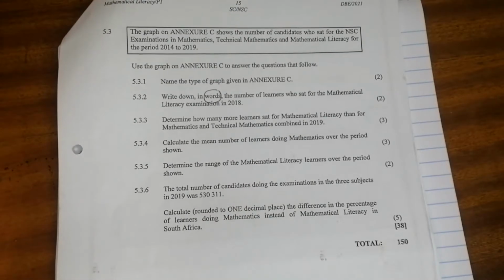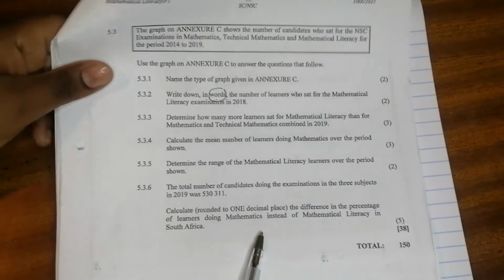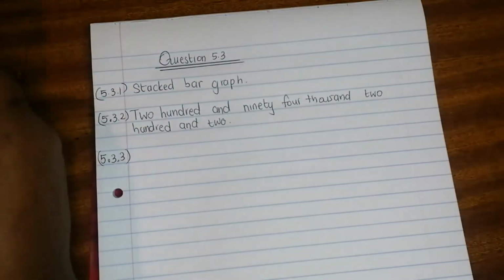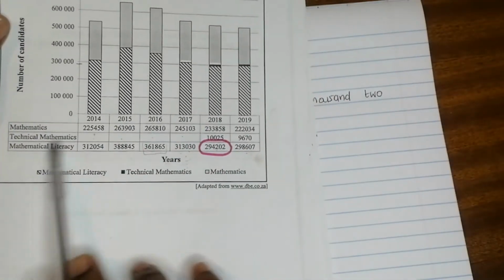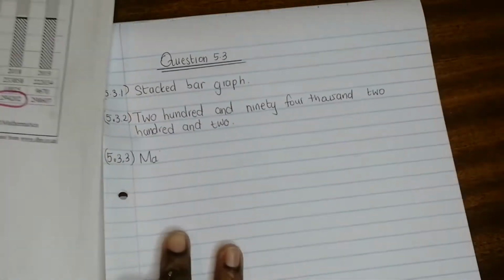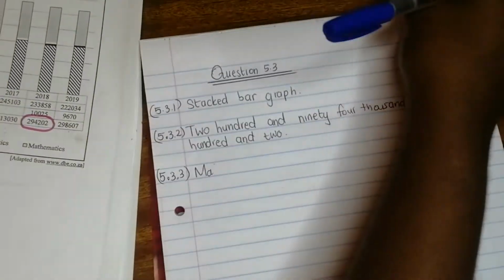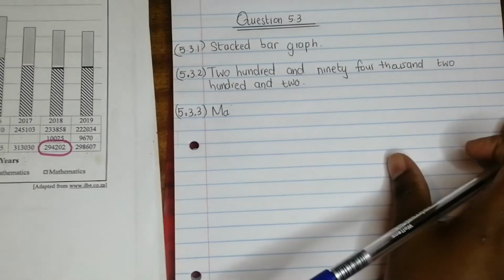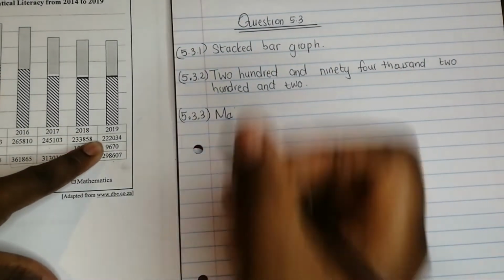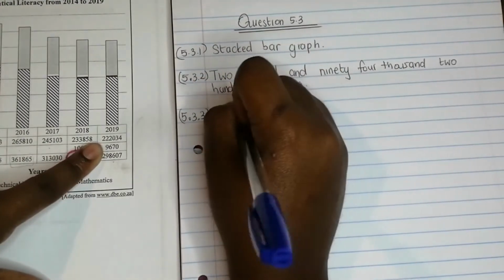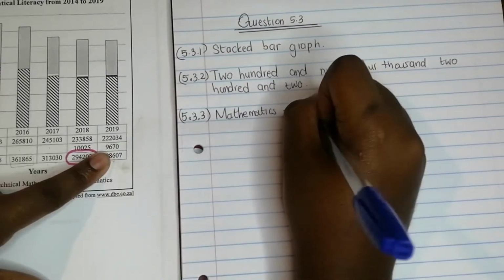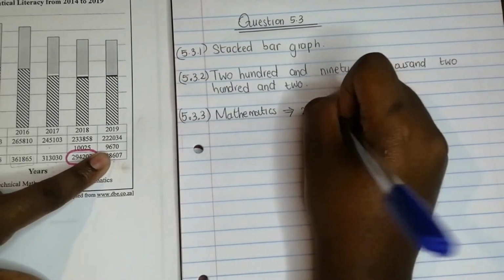So I'm just going to write those values down first. Have a look at these values in 2019. For learners that wrote mathematics, there were 222,034.